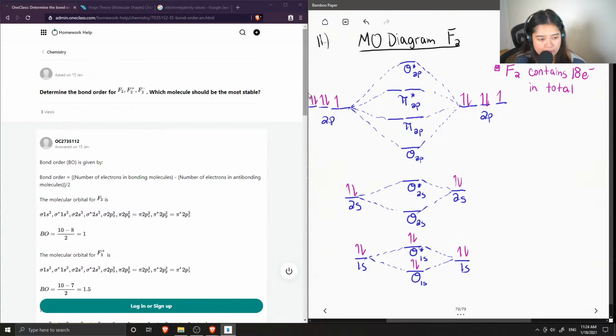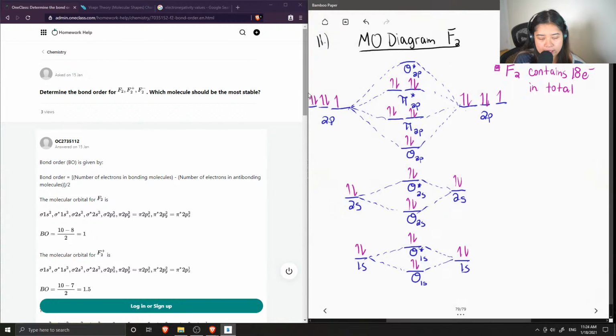So 1, 2, 3, 4, 5, 6, 7, 8. So I need 18 in total for F2. 9, 10, 11, 12, 13, 14, 15, 16, 17, 18. So notice that when I have 18, then it stops at the pi star orbital.